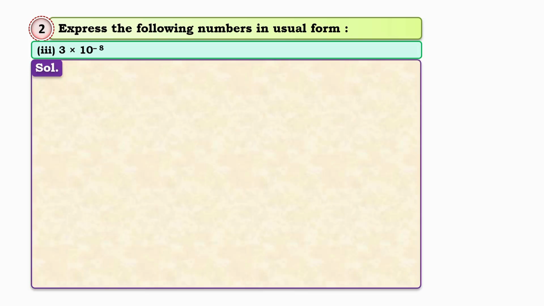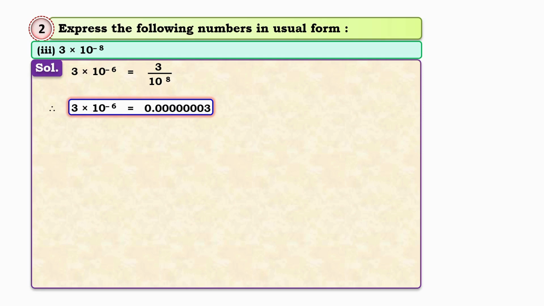Now, 3 into 10 to the power minus 8. Here in the solution, the question is written wrong. This should be 3 into 10 to the power minus 8. So now 3 into 10 to the power minus 8 equals, this is the final answer in the usual form.